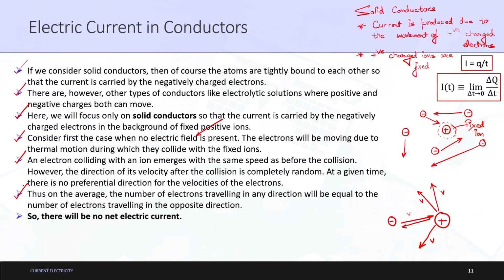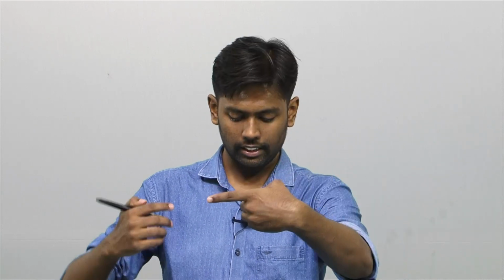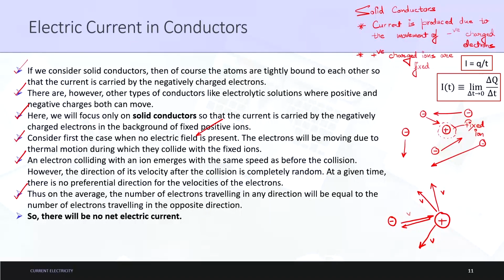Thus, if we take a complete bunch and take every electron into picture, the number of electrons travelling in any direction will be equal to the number travelling in the opposite direction, hence the complete velocity component is 0. So, there will be no net electric current.